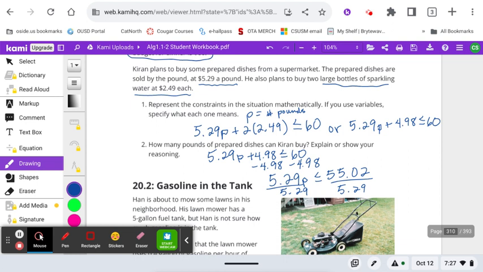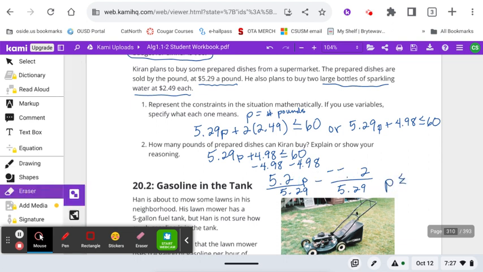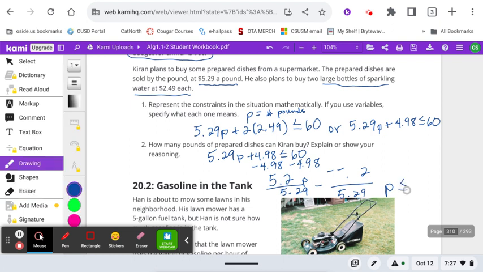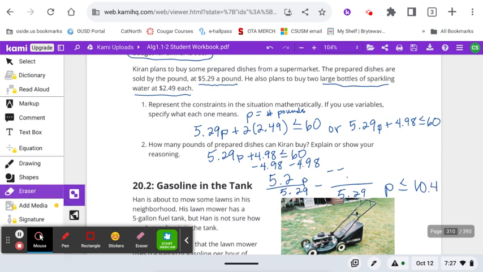Okay, so now divide 55.02 divided by 5.29, and our pounds of the prepared foods that we can get has to be less than or equal to 10.4 pounds of prepared foods. And that's real life.